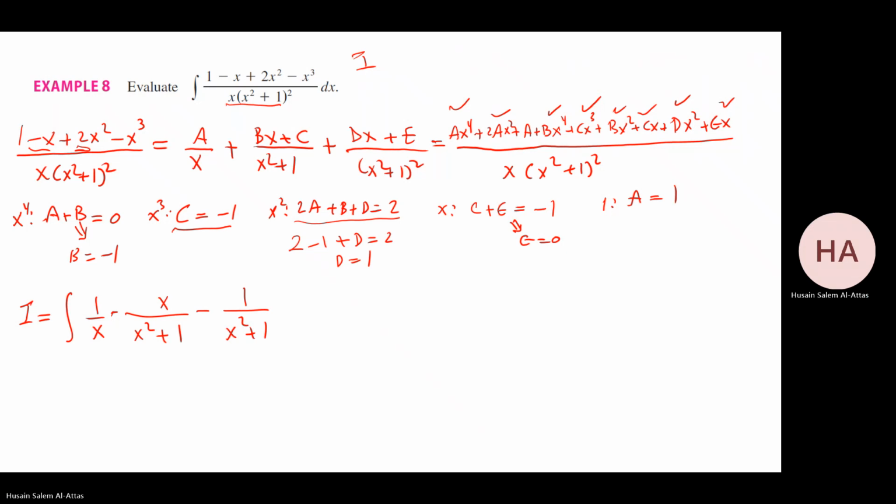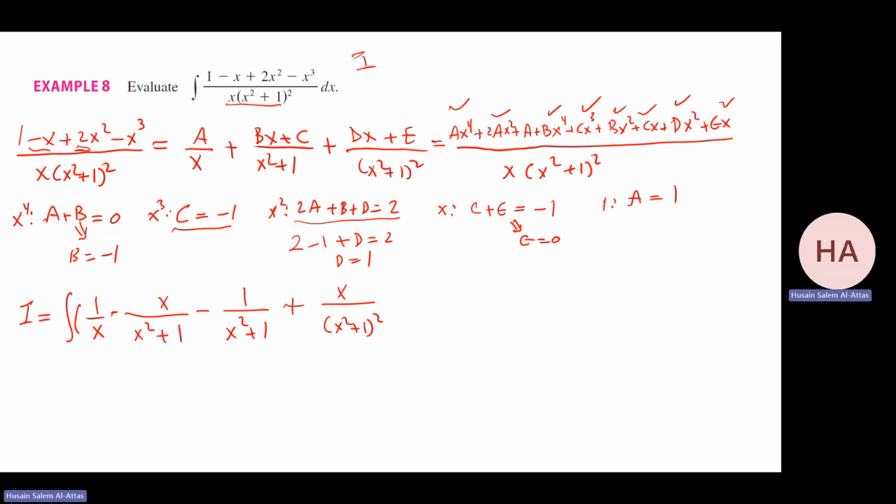Okay. And the last one, I have e is 0 and d is 1, plus x over x squared plus 1 all squared.